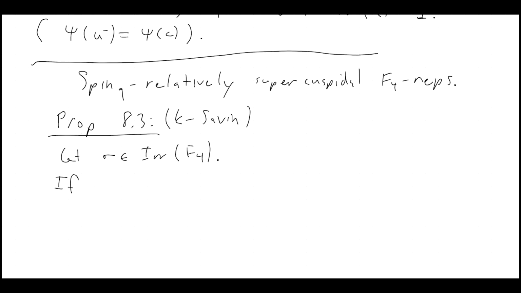If sigma is isomorphic to the big theta lift of pi, where pi is an irreducible smooth representation of PGL2 that is also supercuspidal, so we take a supercuspidal representation of PGL2, look at its theta lift, and get some F4 representation.